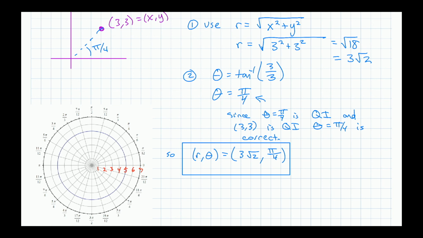All right, so how big is 3 square root 2? 3 times square root 2 is 4.24. So if you find the angle pi over 4, which is right here, and you head out a distance of 4.24, then we got 4 boxes.